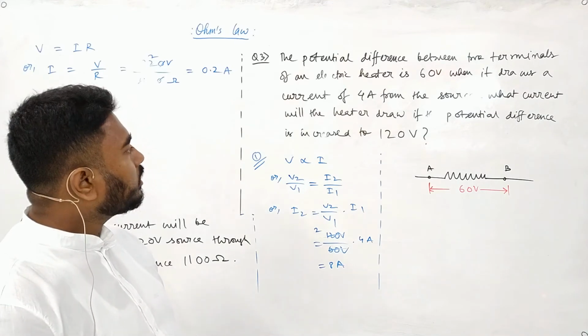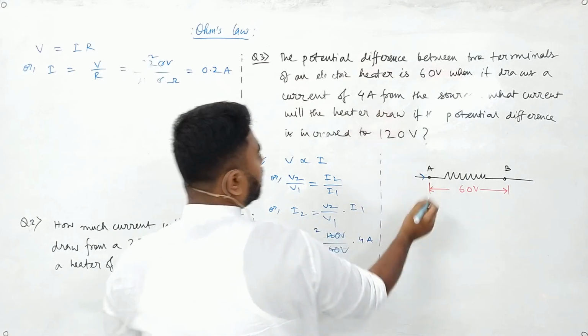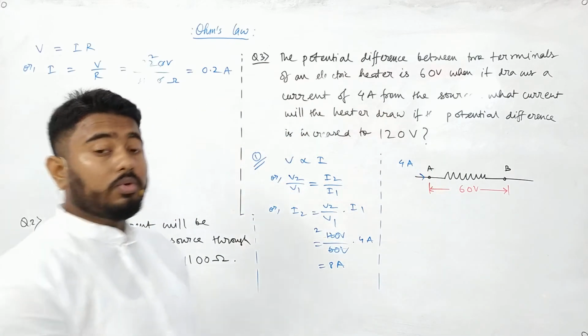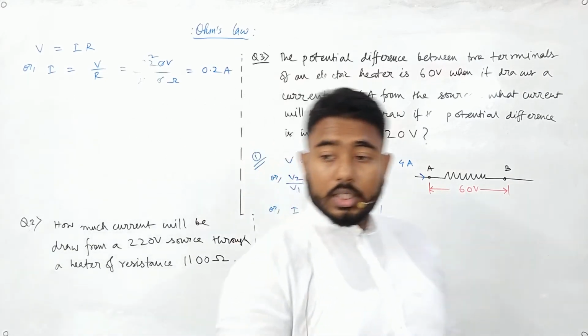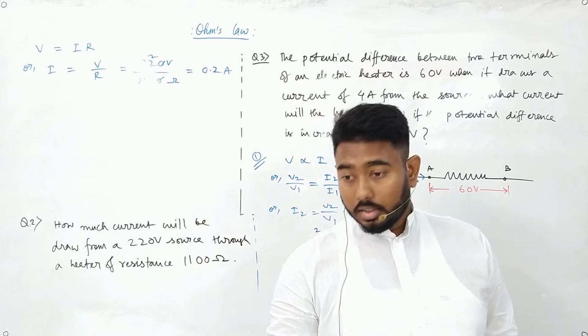Now a current is passing through it. It is said that a current of 4 ampere is passing through it. Now we know one thing, that the voltage will increase only when the amount of current will increase.